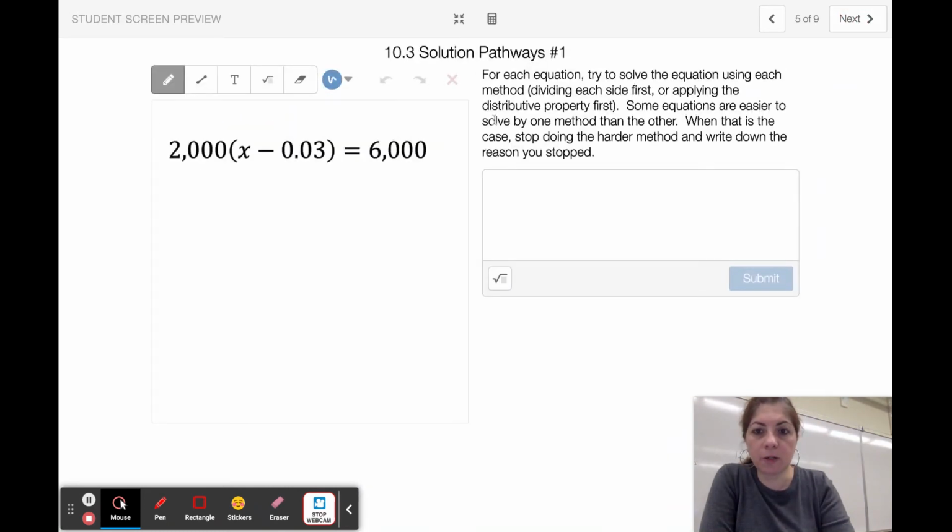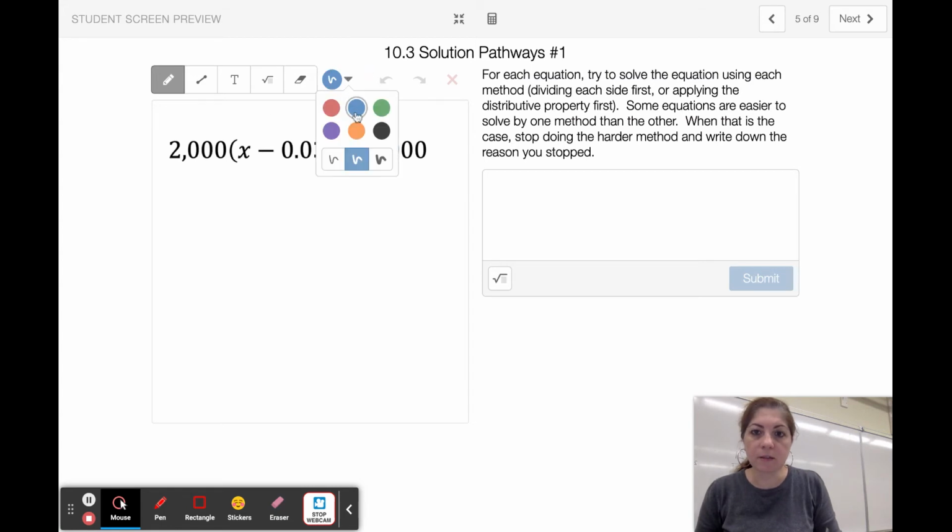The next one, which we've done in class, so one of the strategies that you can use to solve this one is that you can choose a different color. You can choose a thinner pencil. So you can go ahead and divide both sides by 2000. Okay?